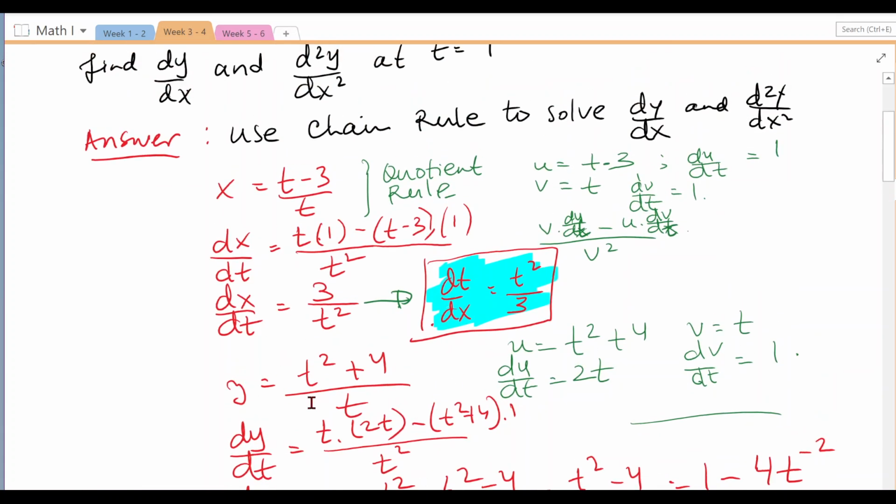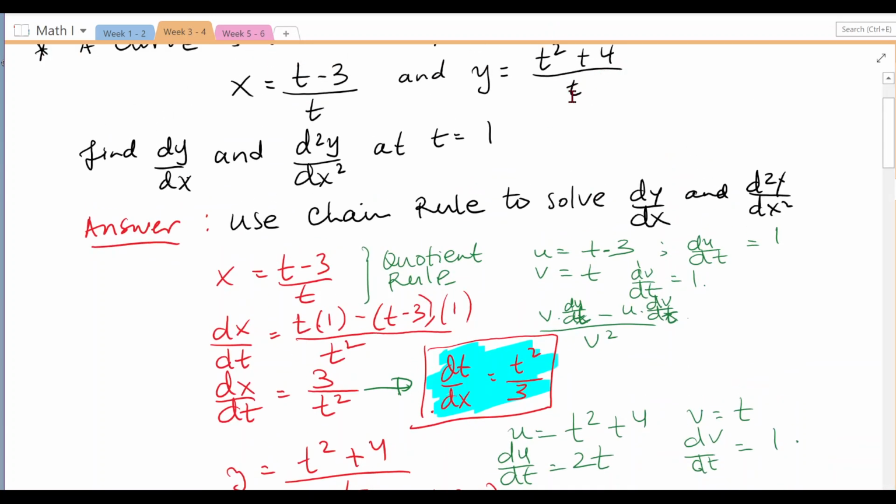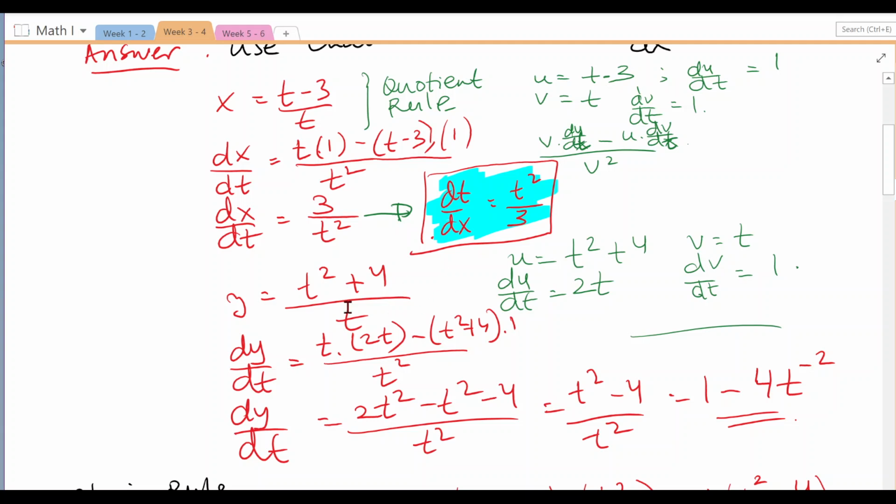Next, for the y expression in terms of t, we have (t squared plus 4) divided by t. Again, we will need to use the quotient rule, using the same formula. Our u is t squared plus 4, our v equals t, so du/dt is 2t, and the derivative of v with respect to t is 1.